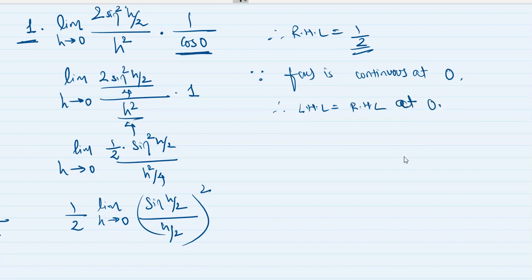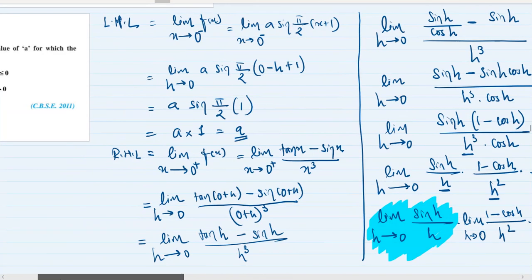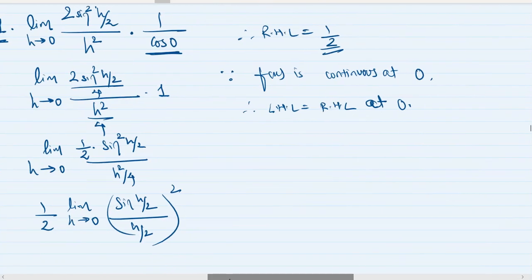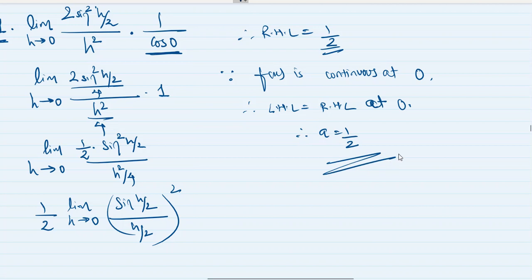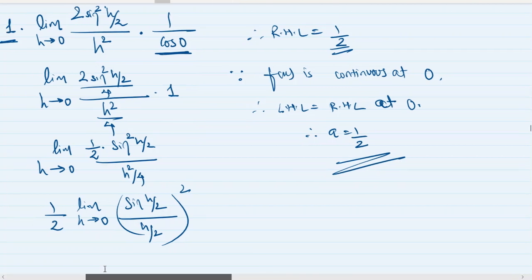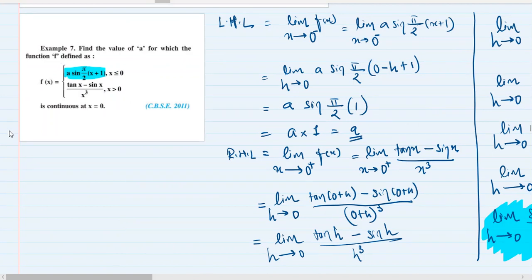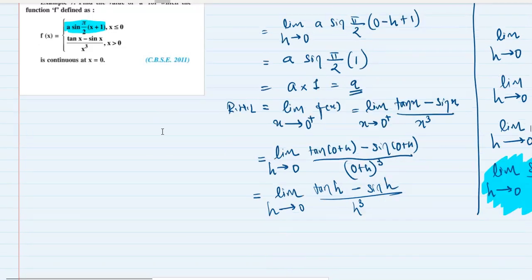Now just see, our LHL is A, and our RHL is 1 by 2, and therefore we can say that A is equal to 1 by 2. So for the value of A equal to 1 by 2, this function is continuous at 0. So this is how you solve this question based on trigonometry. Let's go to the next question.